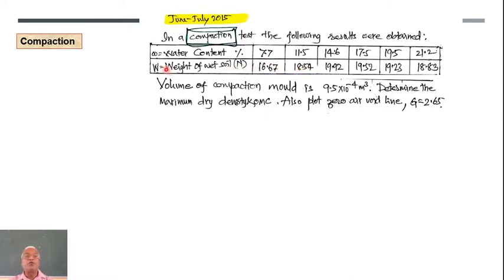So if you take weight divided by volume, you will get Newton per meter cube as the units. You can always convert that into kilonewton per meter cube. Determine the maximum dry density and OMC. This is the usual part of the question. Also plot the zero air void line with a value of G given as 2.65. We'll see the calculations in detail.